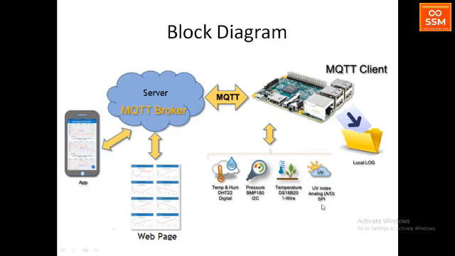Here it monitors the surroundings, and the data is processed. Message Queuing Telemetry Transport is the protocol used for transferring. The data is sent to the server, and the weather data can be viewed as a graph in an app on a mobile phone.